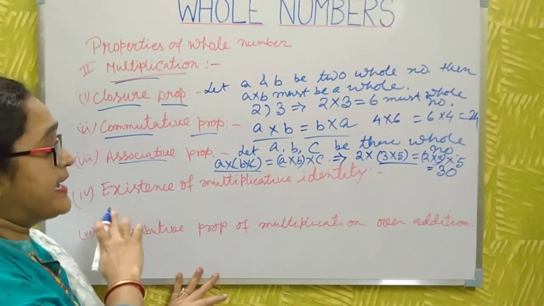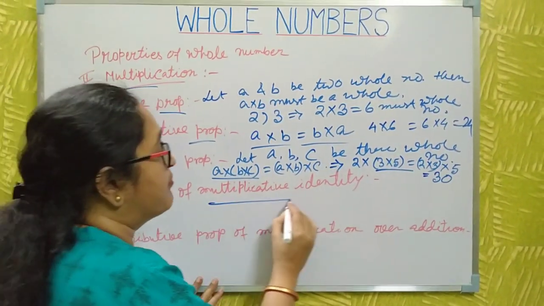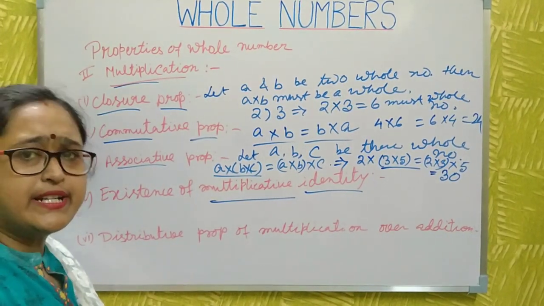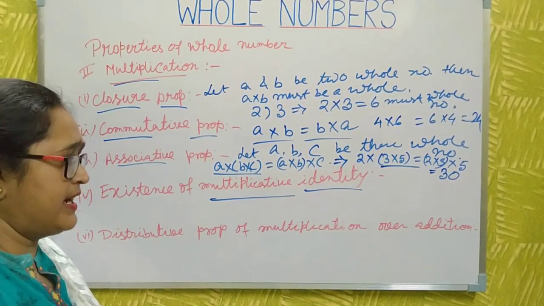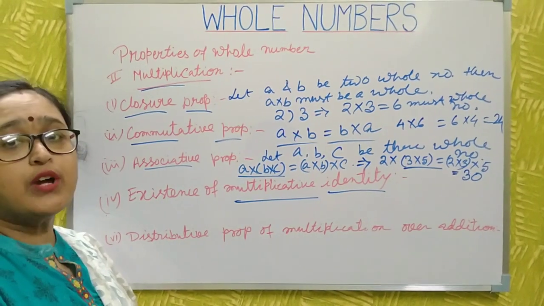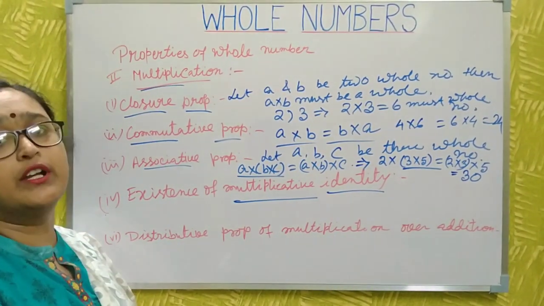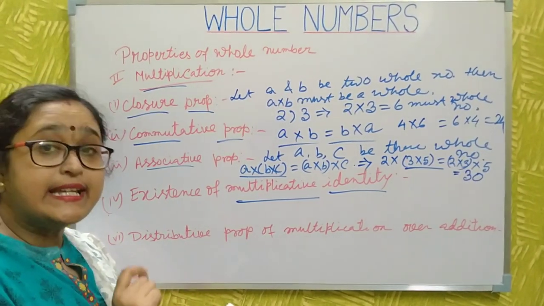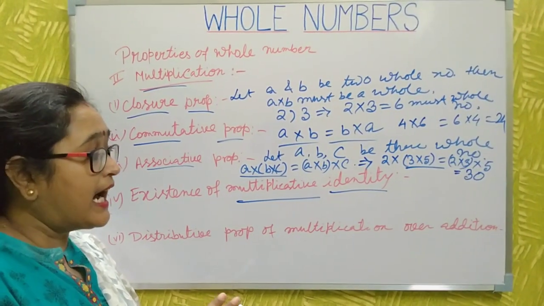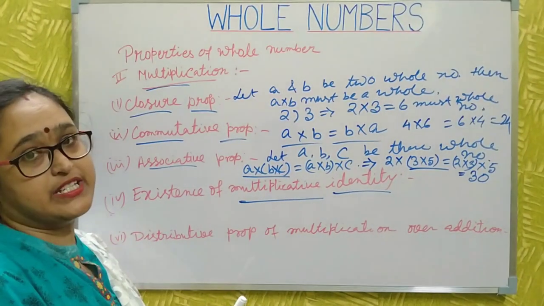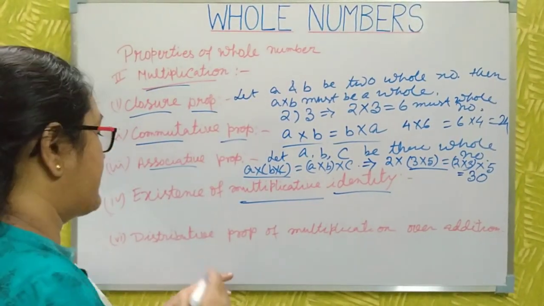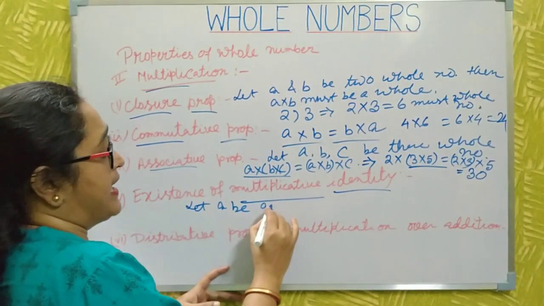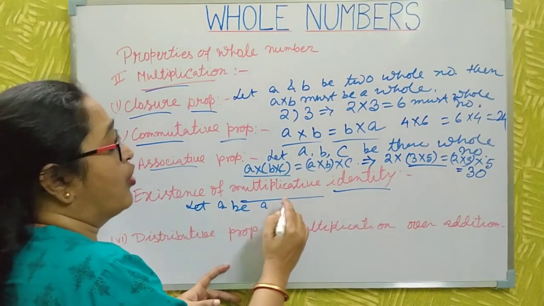Now, the existence of multiplicative identity. What is the identity? I already discussed it in the previous class under addition. When you multiply a whole number by another whole number and the whole number remains the same, this number is called the multiplicative identity. Now, I give an example. Let A be a whole number.